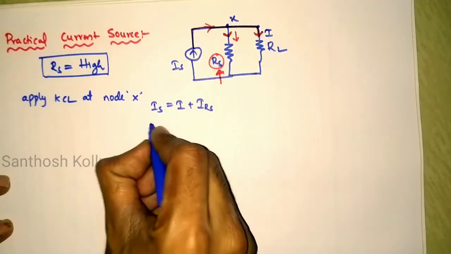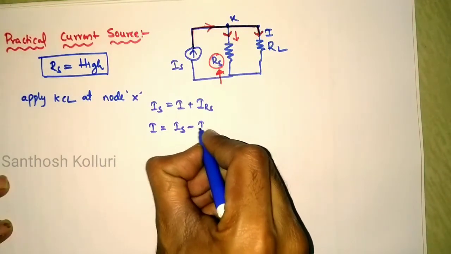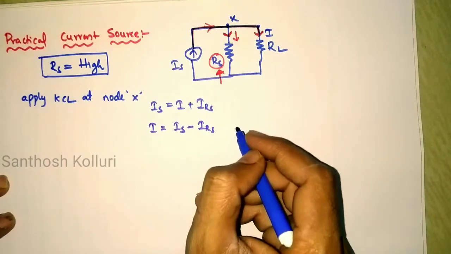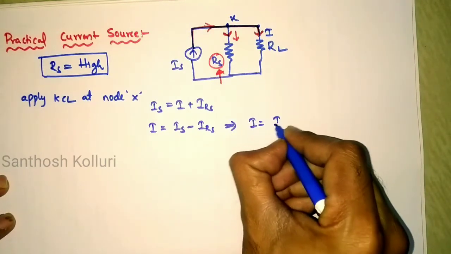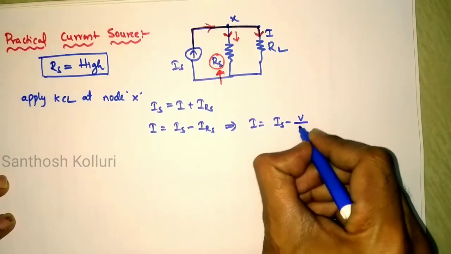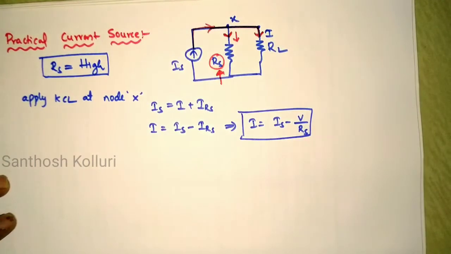So from this, the load current I can be written as the source current minus the current flowing through the internal resistance. So I is equal to IS minus V by RS. This is the current flowing through the load.